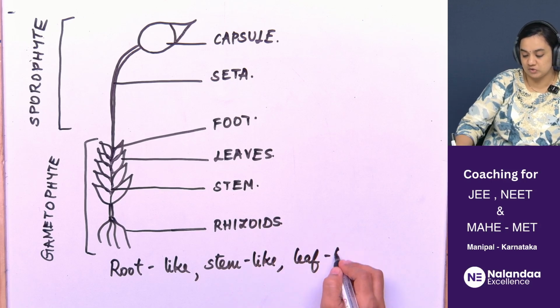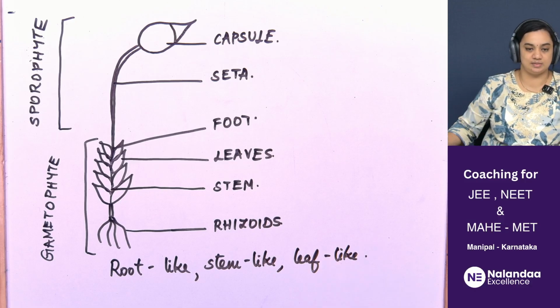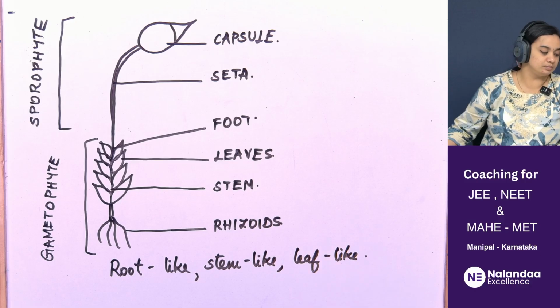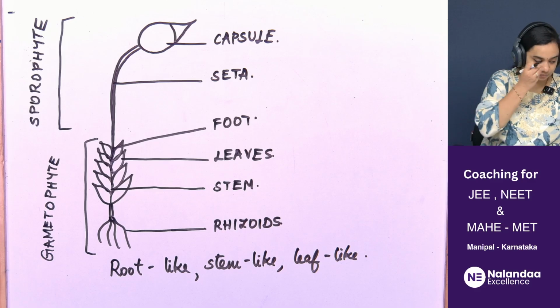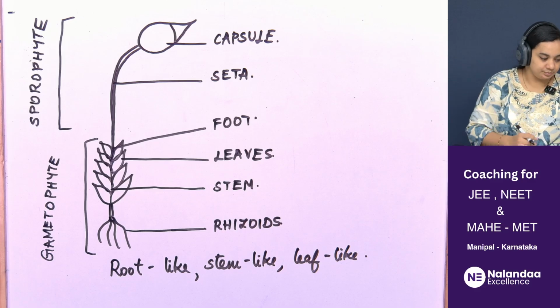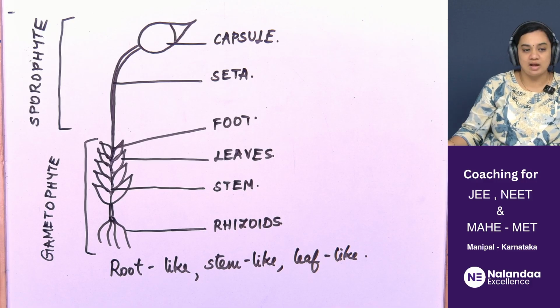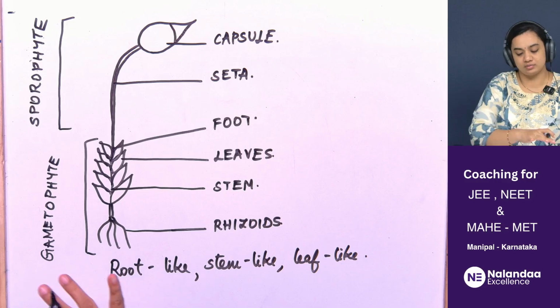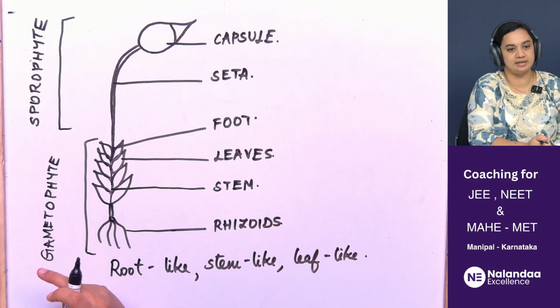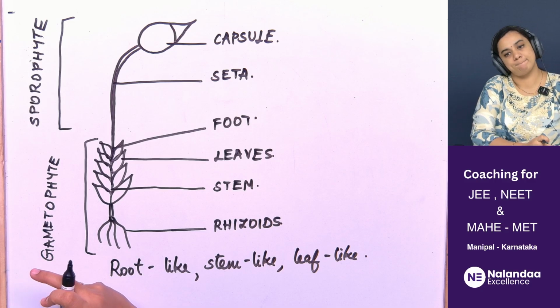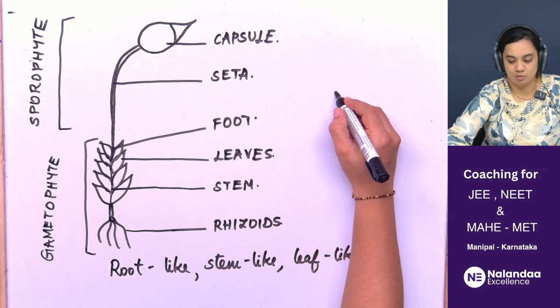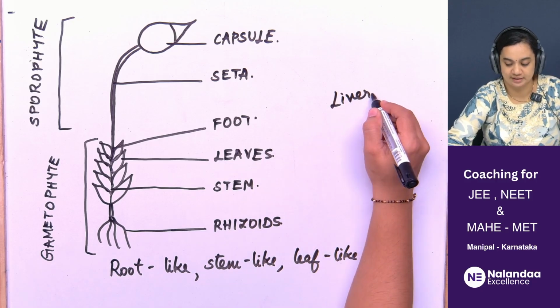They're not true roots, stems and leaves. And they don't grow appressed to the substratum like liverworts. Rather, liverworts are the prostrate ones.